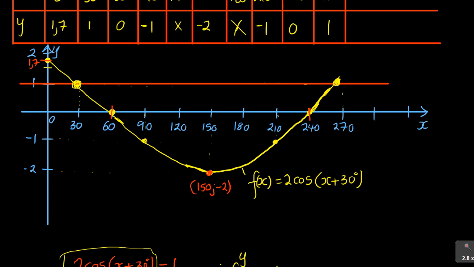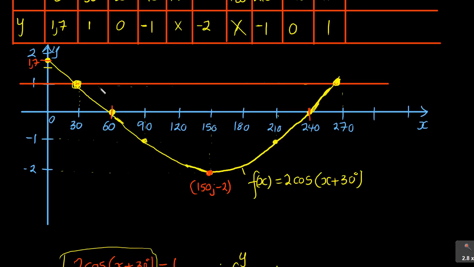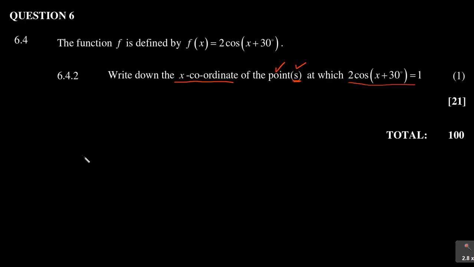So the question is, write down the x coordinate, only the x values of the point or points at which this is equal to 1. So the x coordinate, you can see here, x here is 30 and x here was 270. So you are supposed to say here x is equal to 30 and x is equal to 270.